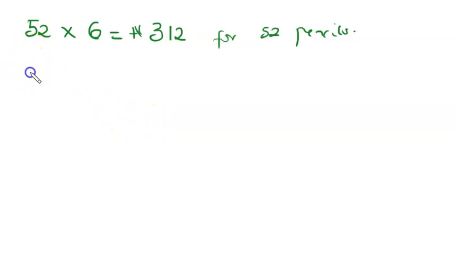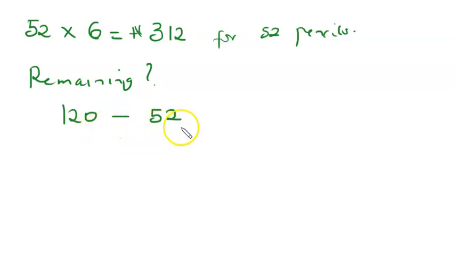But what is the remaining? The remaining is 120 minus 52. She had sold 52, so if we take 52 away from 120, we would have 68. So there are 68 pencils left.